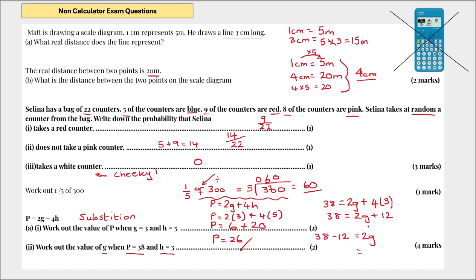Like there was a plus there, we went over the equal sign and it was a minus. This is the times, so we're going to divide. It's the opposite. So we're going to divide by this 2 into the answer, which here is 26. 26 divided by 2 is 13. So G equals 13.